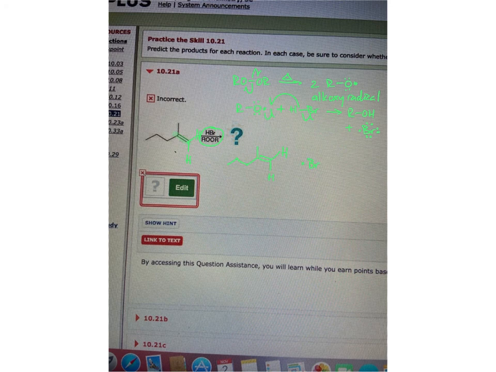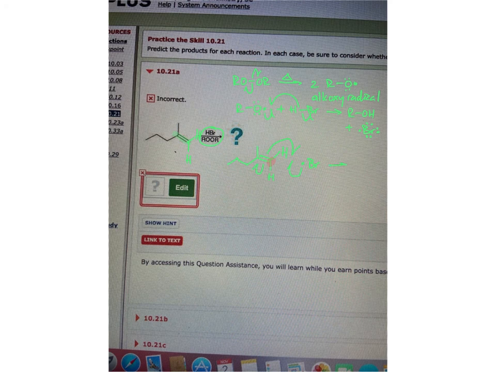So I'm just going to draw that. So now you have two choices of which carbon that radical can add to. And so it's going to add to the least substituted, which I'll show in red. It adds to that because after it does that, it generates a more stabilized or more substituted carbon radical.